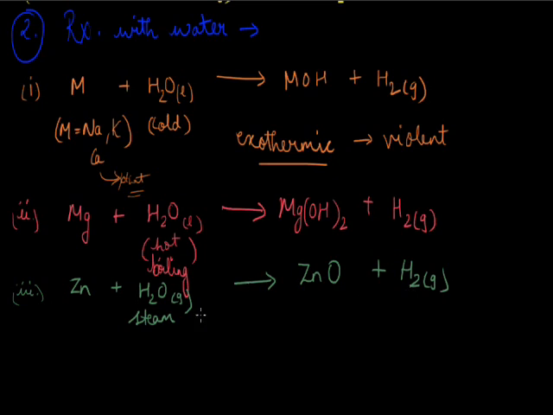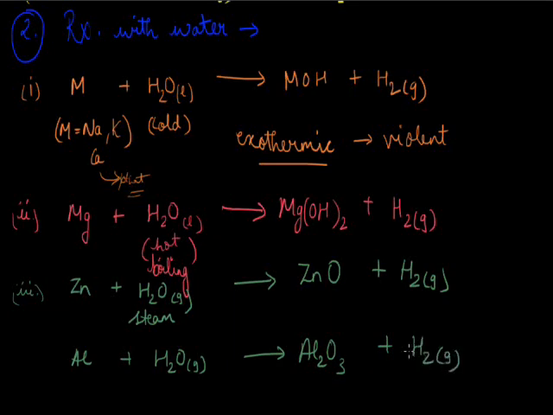Here you can see that zinc gives oxide and not hydroxide. Similarly, aluminium, when it reacts with steam, will give aluminium oxide and liberate hydrogen gas. So we see the difference in this case.